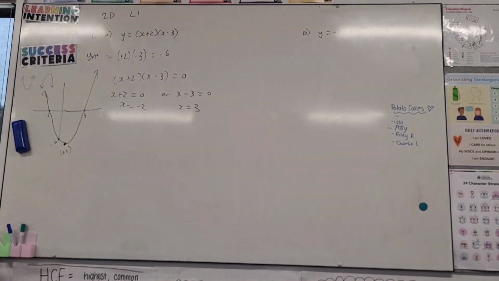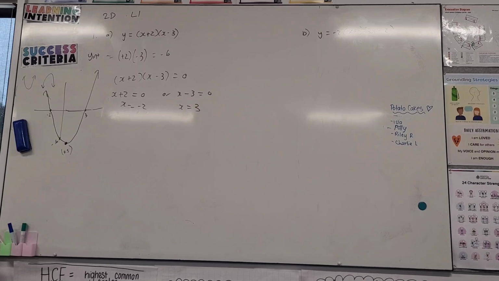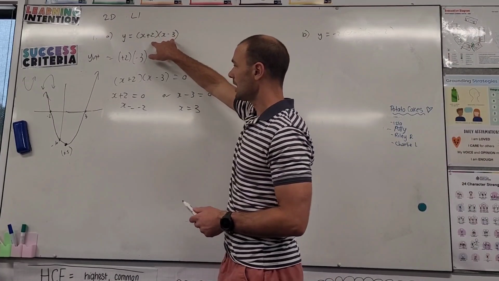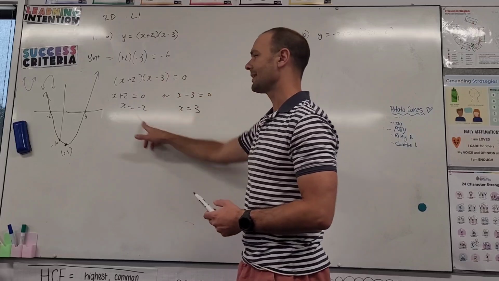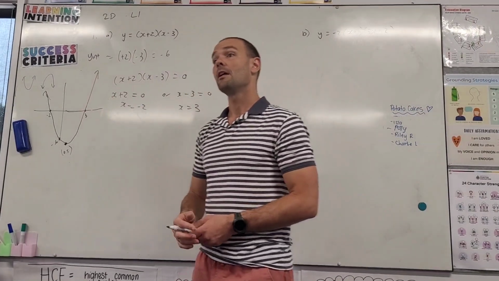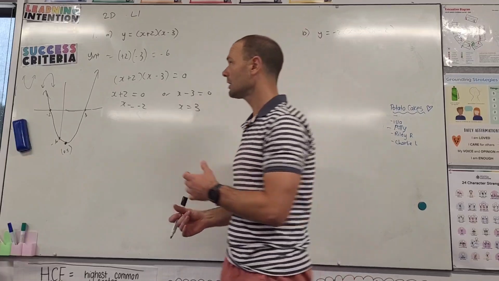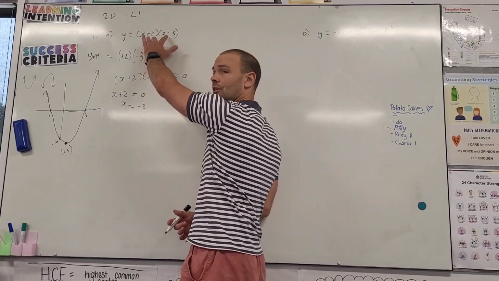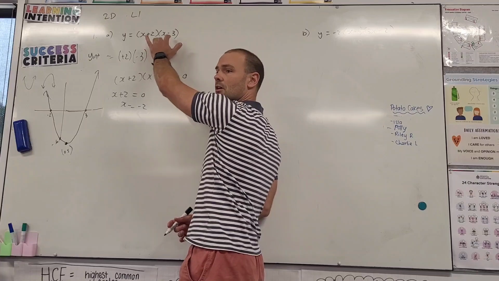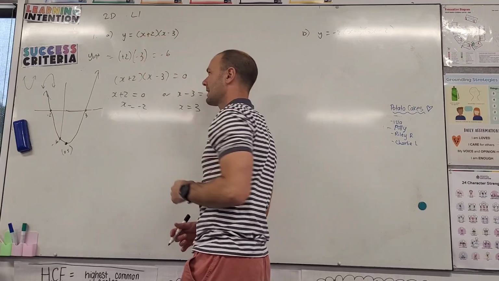Okay, so that's our first example. We've sketched the graph of a quadratic from this form just by finding the y-intercept and the x-intercepts. It's a rough sketch, but it's indicative of the graph. Now, one way we could check our working is by going into our calculator and graphing that, and we would see the same features. When I come around, I'm going to make sure everyone knows how to do that.